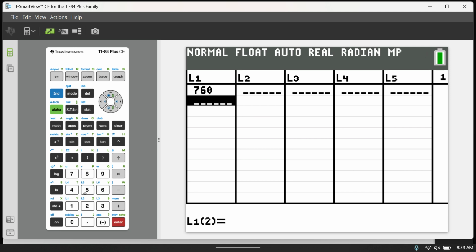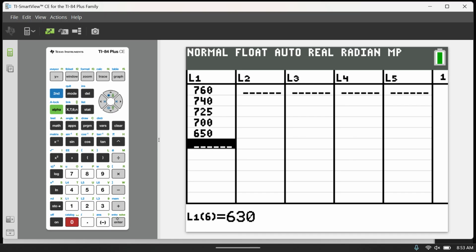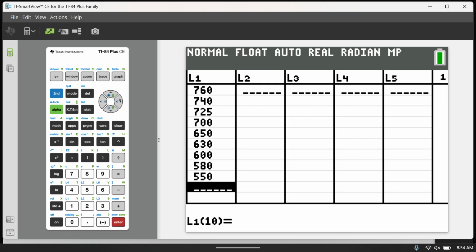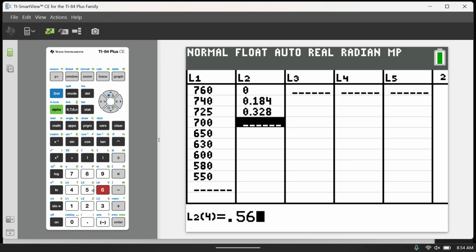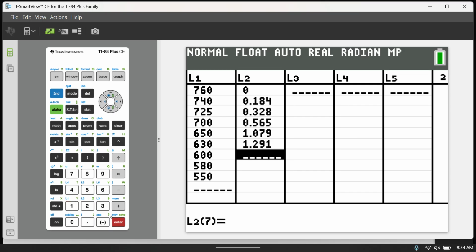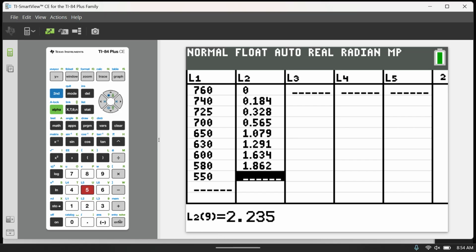Let's put that data in. Zero. All right.